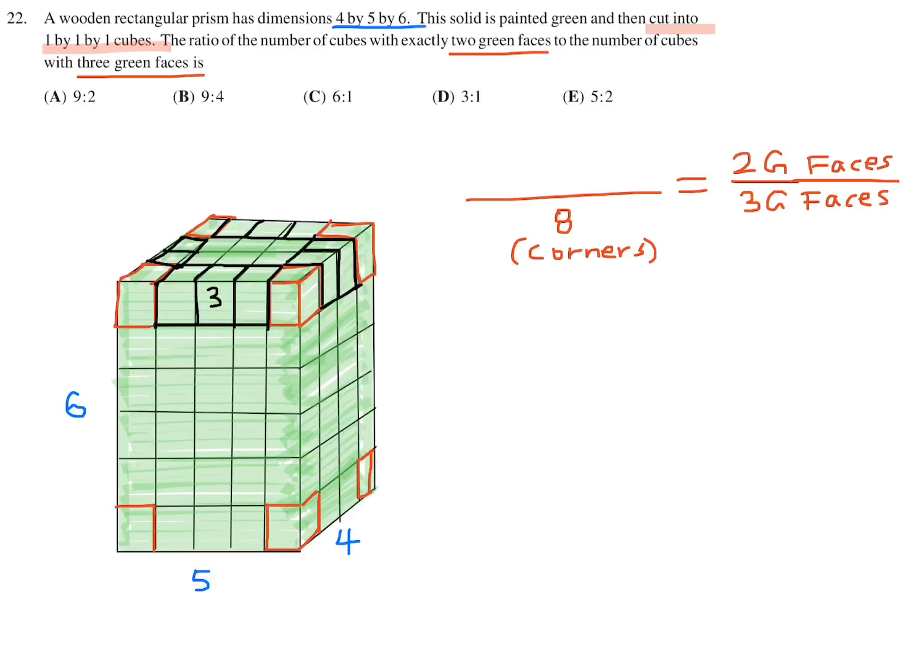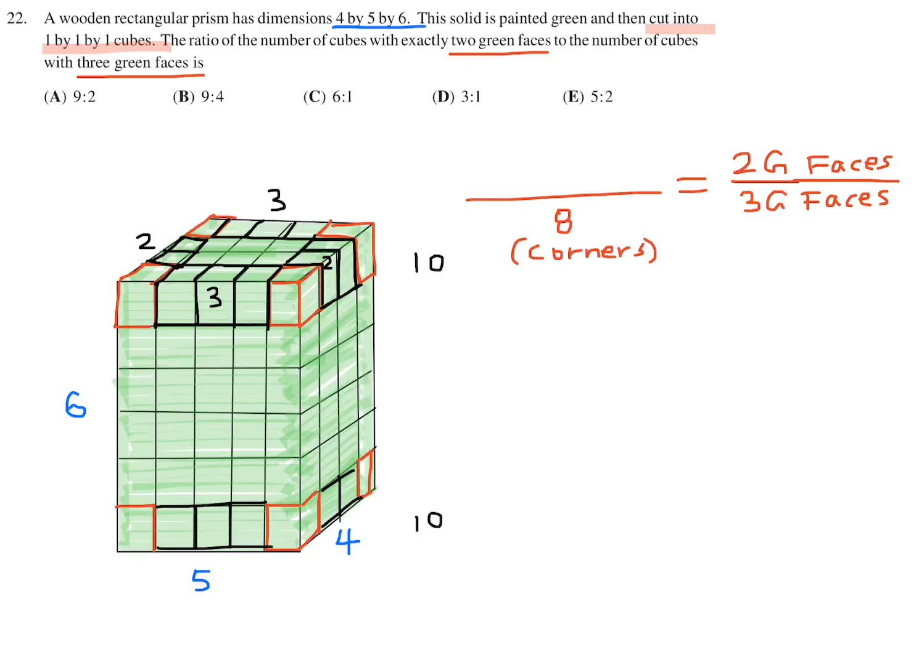So if there's 3 here, there'll be 3 over there. If there's 2 here, there'll be 2 over here. So on the top, looks like we have 3, 3, 2, 2, 10 that have 2 green faces. And if there's 10 on the top, there'll be 10 on the bottom. It's because the bottom essentially is the exact same, right?